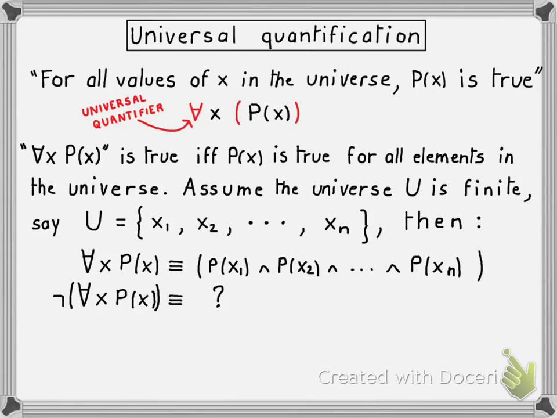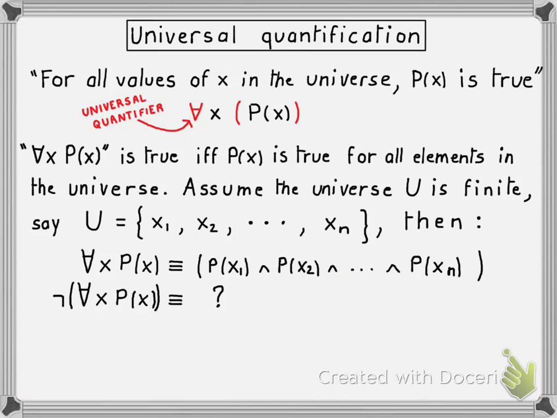So there are at least a couple ways of answering this question. First, let's try to reason in English. If it's not the case that for all x, P of x, then it is not the case that the property P holds for every element of the universe. Therefore, there must exist at least one element in the universe for which P is false.